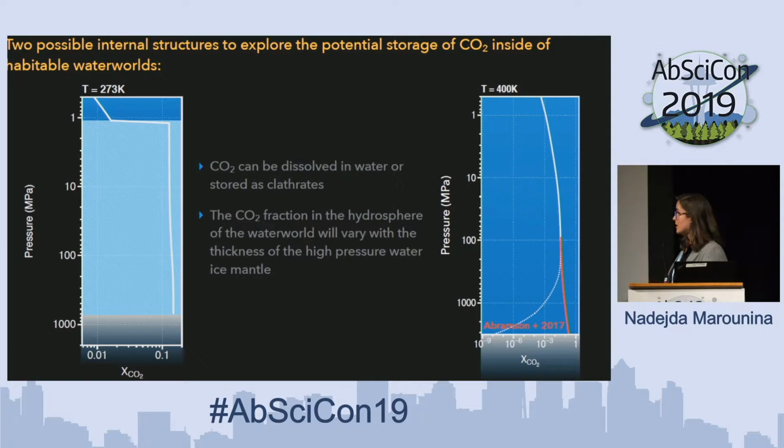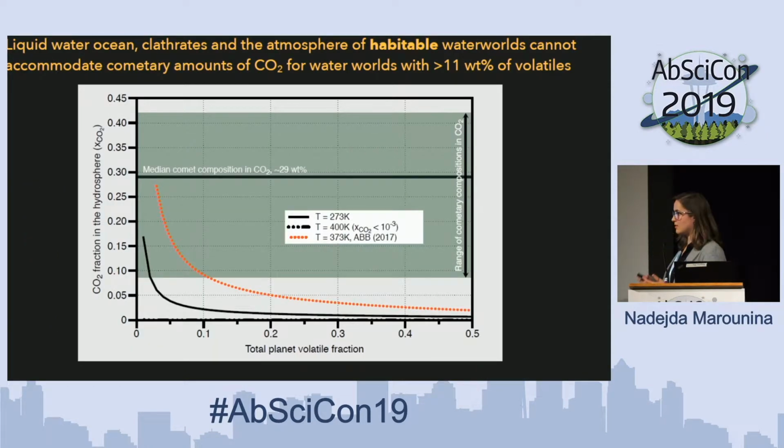So what we do is compute those profiles, sum the total amounts of CO2 that we get from those profiles, and then divide by the total amount of volatiles in the hydrosphere of the planet, meaning water plus CO2. And then we compare it to the possible range of cometary compositions.